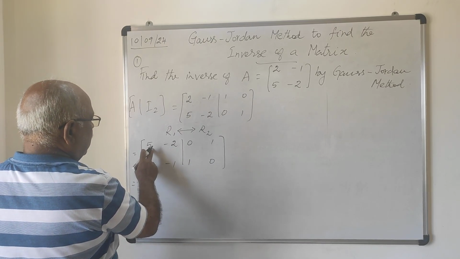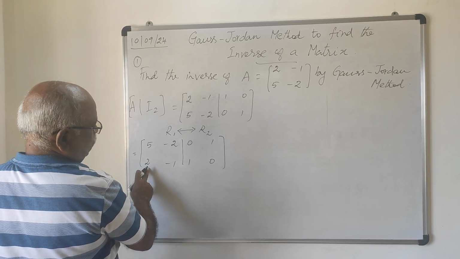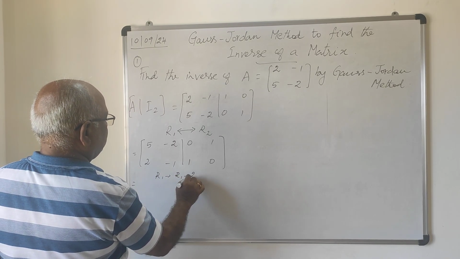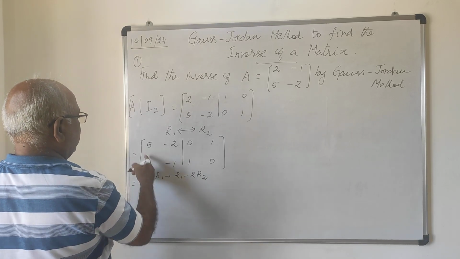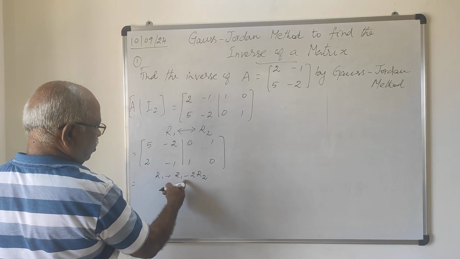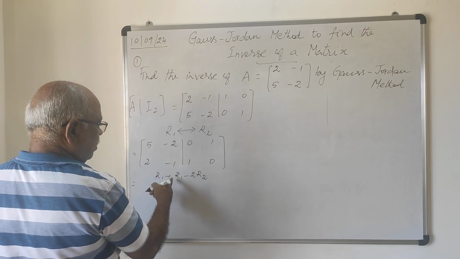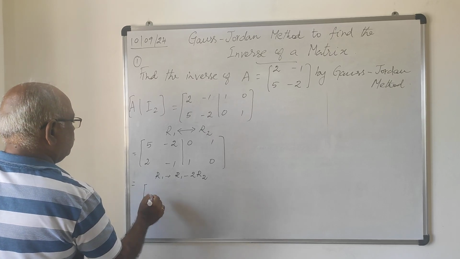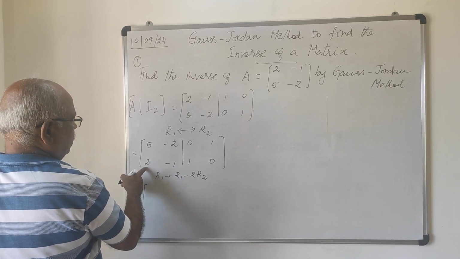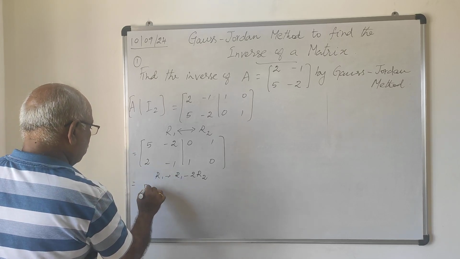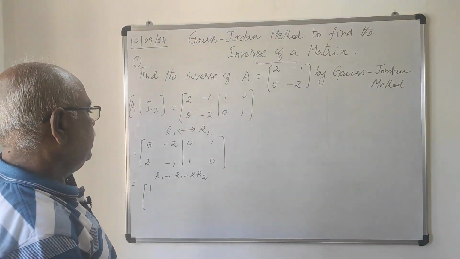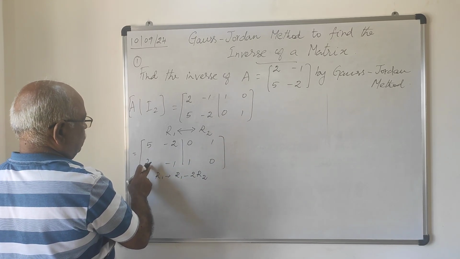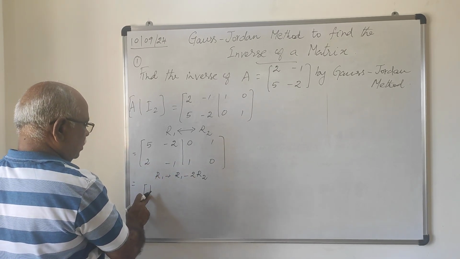For that, R1 becomes R1 minus 2 R2. This 5 becomes 1. After giving this operation, subtracting 2 times R2 from R1: R1 is 5, 2 times R2 is 2 twos are 4, 5 minus 4 is 1.